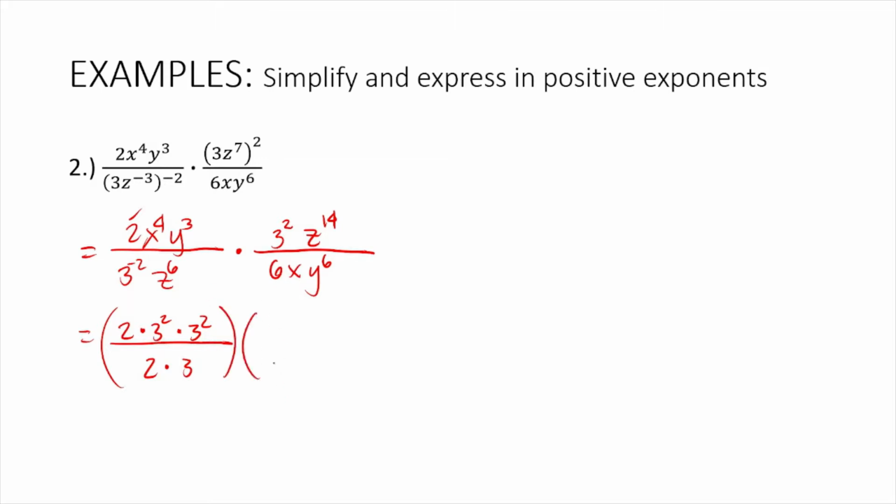And then all the variables we have here. We have here first x raised to the power of 4, and then y cubed, and then below we have z raised to the power of 6, and then going to the second group of factors, we have z raised to 14 on the numerator, and then on the denominator we have x and y raised to 6, right? So let's now simplify.